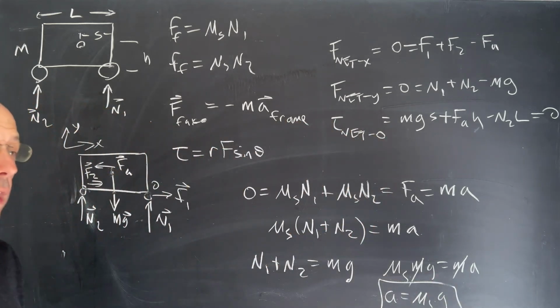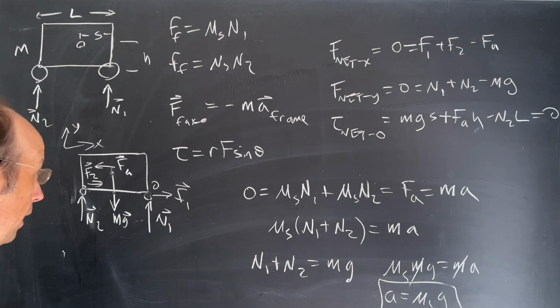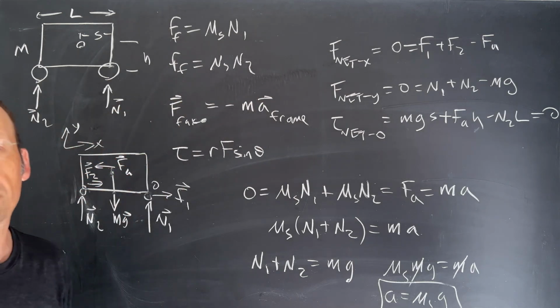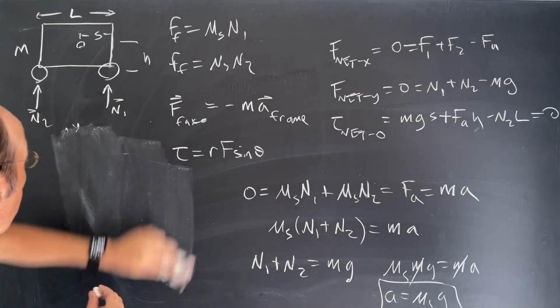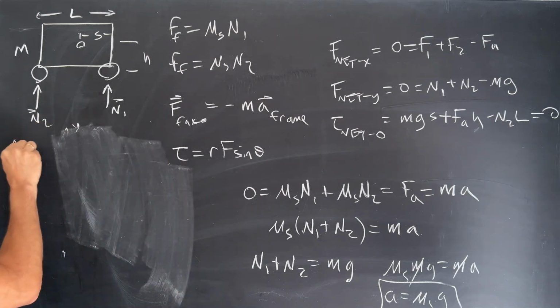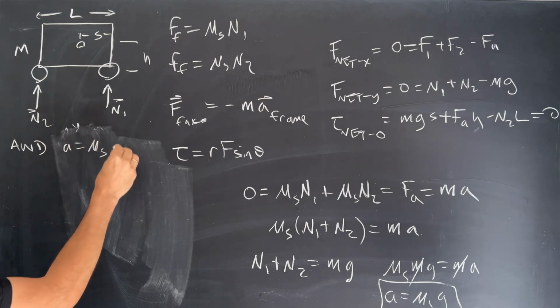So if you have all-wheel drive, we can model this as just a plain block, just going brr, and it only matters about the acceleration. We don't have to worry about all the torque stuff like that. But this is an important value right here, and I'm going to write it down. All-wheel drive: a is mu_s times g.